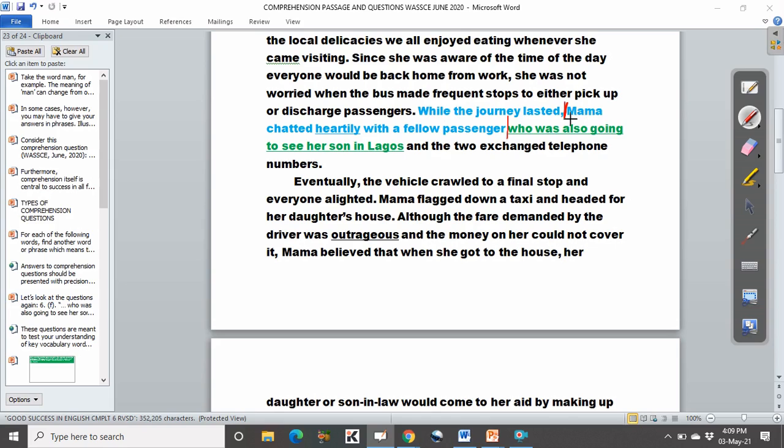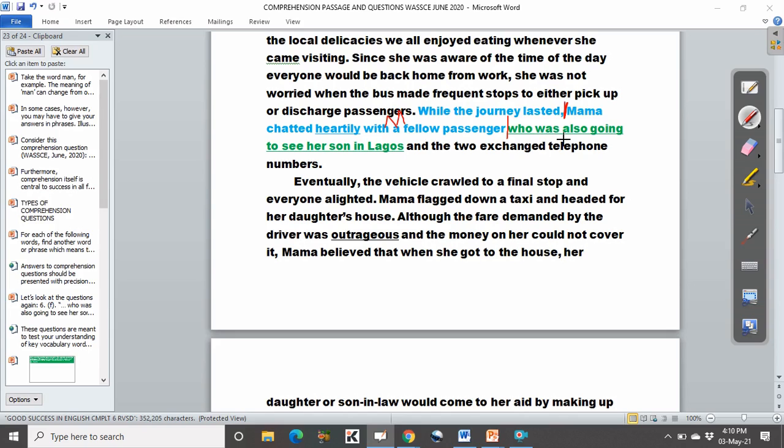This is a main clause. So we can call this the main clause, MC. So here we are having a complex sentence, all right, a complex sentence.